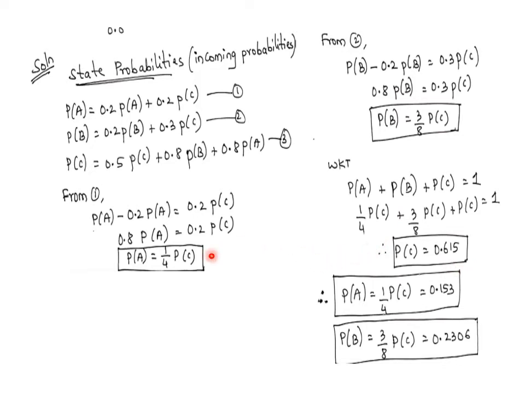And from equation 1, we have P of A as 1 by 4 P of C. Substitute P of C and we get P of A as 0.153. Similarly, P of B is 3 by 8 times P of C from equation 2. Substitute P of C, we obtain P of B as 0.2306.